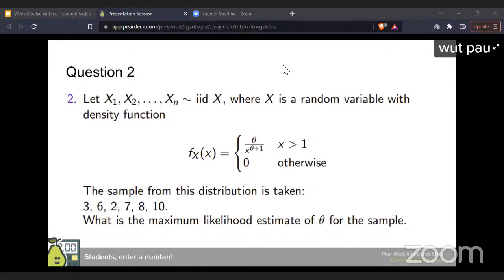I hope that is not the complete one. Ma'am, are you asking for the likelihood function? And the probability?